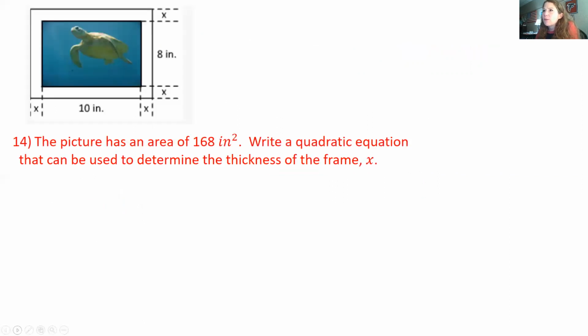All right, number 14, we have a picture of a turtle with a frame around it, and it's telling us the whole thing, this whole picture, including the frame, has an area of 168 inches squared. So we could say base times width is equal to our area. So what is the length of the base?